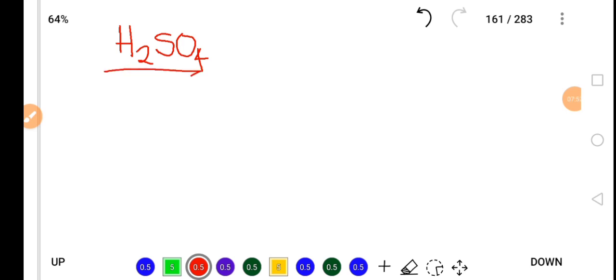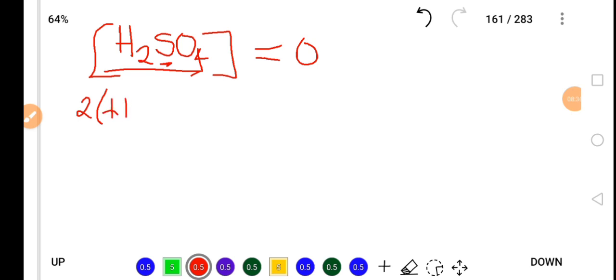This compound is not having a charge, meaning the total equals 0. We are looking for the oxidation number of sulfur. We understand that we have 2 atoms of hydrogen, so we are going to say 2 atoms of hydrogen. The charge of hydrogen in this compound is +1.